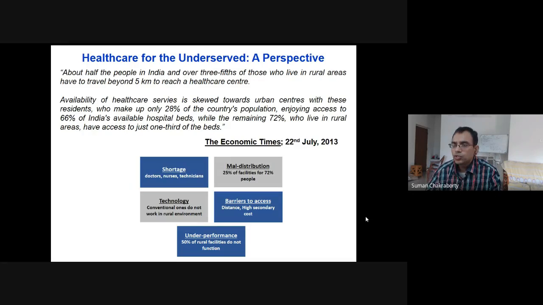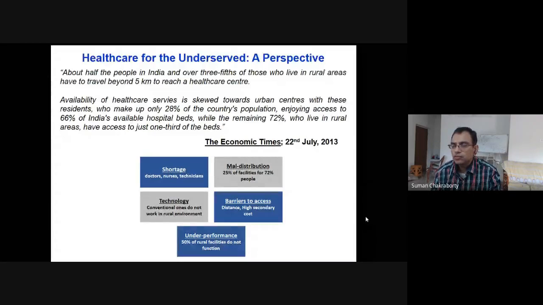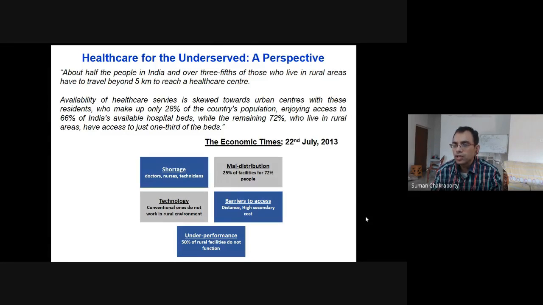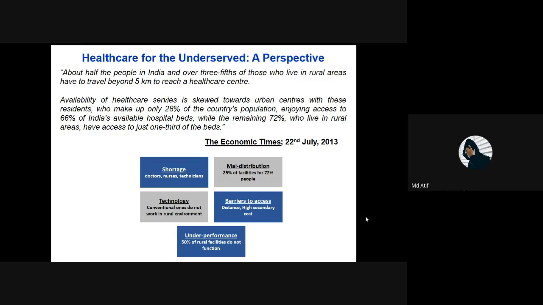So the deep-rooted need for such innovations in the healthcare domain is based on the fact that summarily all the major healthcare amenities and facilities, including the numbers of hospital units, hospital beds, diagnostic labs, etc., are primarily centered around the cities.